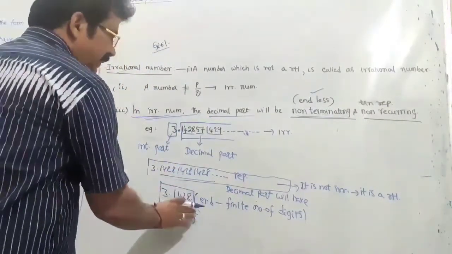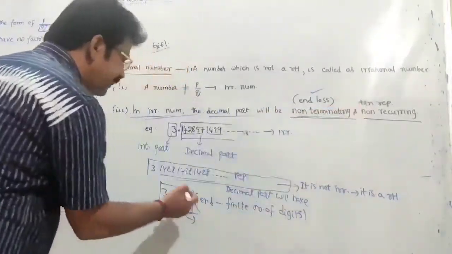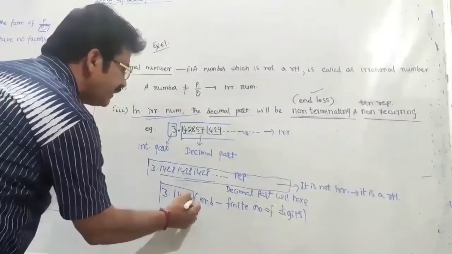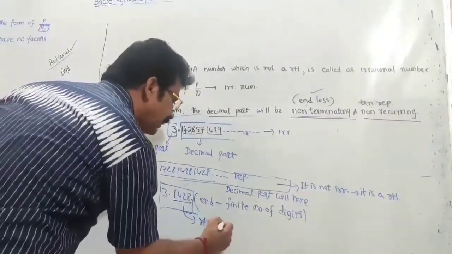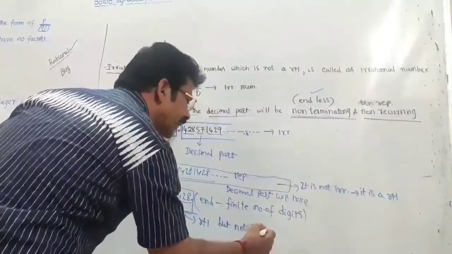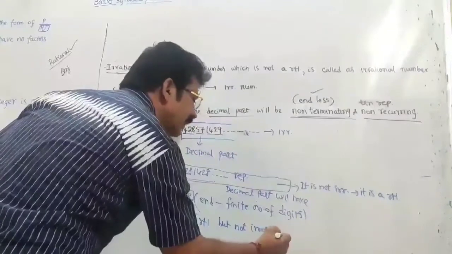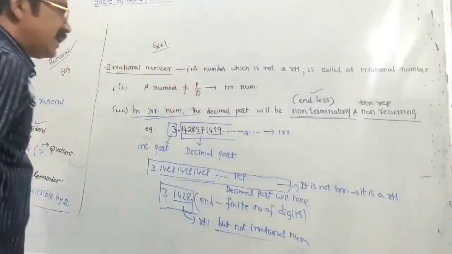Next, repetition here is unrepeated. Unrepeated means it mainly ends with 4 digits. Therefore, it is a rational number, but not an irrational number.